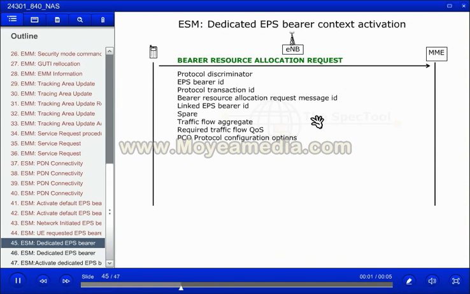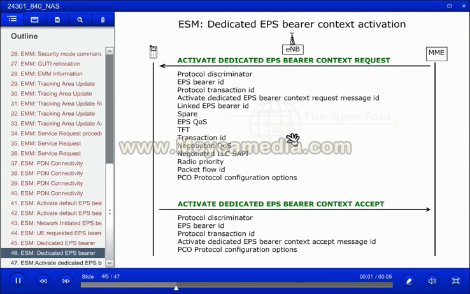The information elements in bearer resource allocation request message. The information elements in activate dedicated EPS bearer context request and activate dedicated EPS bearer context accept messages.